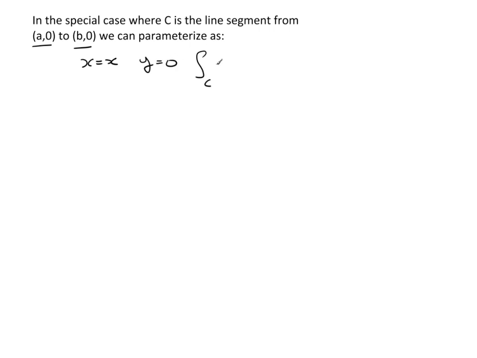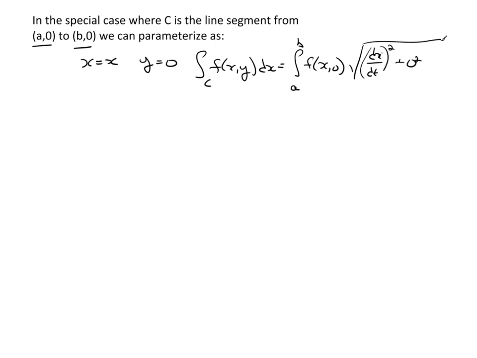So this line integral over the curve of f of x, y ds becomes the integral from a to b of f of x, 0 times the square root of (dx/dt) squared plus 0 squared dt, which is just the integral from a to b of f of x dx. You take the square root of this, the dt cancels, and this is simply dx. So that works out very nicely.